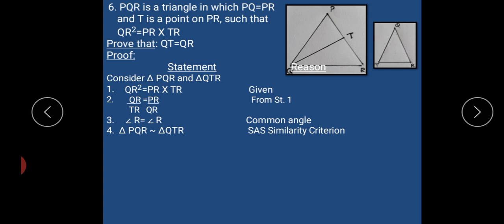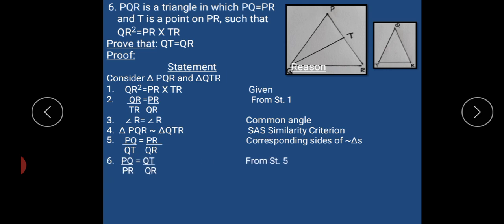Now we will write the ratio: PQ upon QT, you can see they are corresponding sides, is equal to PR upon QR. Just rearrange the terms, get PQ upon PR and QT upon QR on the other side.